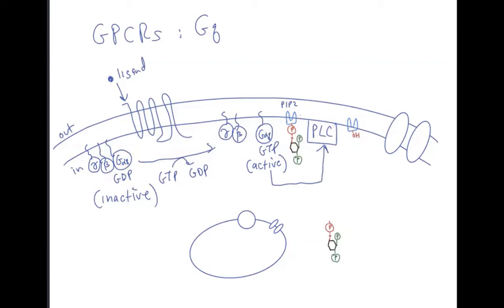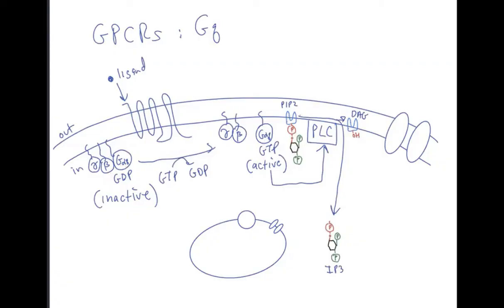And what you're going to see is the formation of 2 important products. You're going to see a diacylglycerol, okay, and you're going to see a IP3, now a 1,4,5 inositol trisphosphate, which we'll abbreviate IP3.